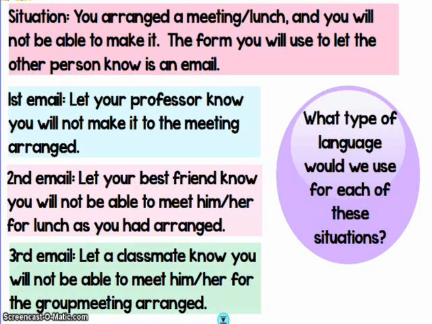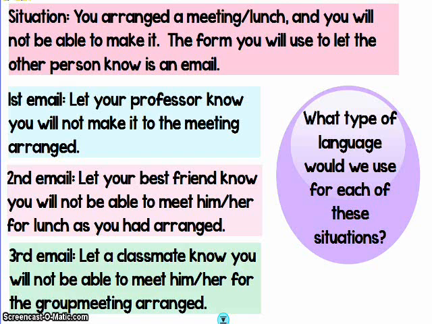Alright, so let's practice taking a situation and deciding which type of language would be the most appropriate to use for each of those situations. So our first situation is you're going to arrange a meeting or lunch and you're not going to be able to make it. So you have this appointment set up, you're supposed to meet somebody for lunch, and something else has come up, you have to cancel.